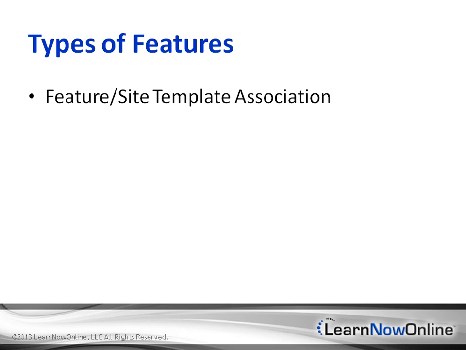Two features are involved in the feature site template association. The feature that contains the actual functionality that you want to add to an existing site template, and then the feature site template association feature itself. That's usually declared at the farm or the web application level, which binds the first feature to the template.